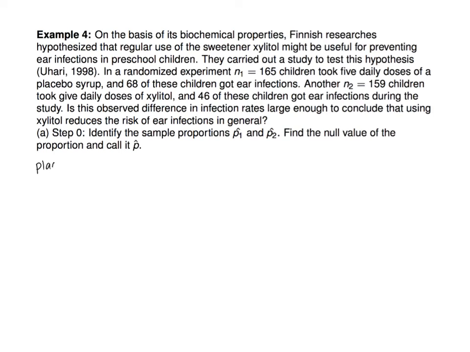So for the placebo, the proportion who got sick, we'll call that P1 hat, there were 68 out of the 165, so 0.412. For the drug group, 46 out of the 159, which is 0.289. So it appears that that is lower.